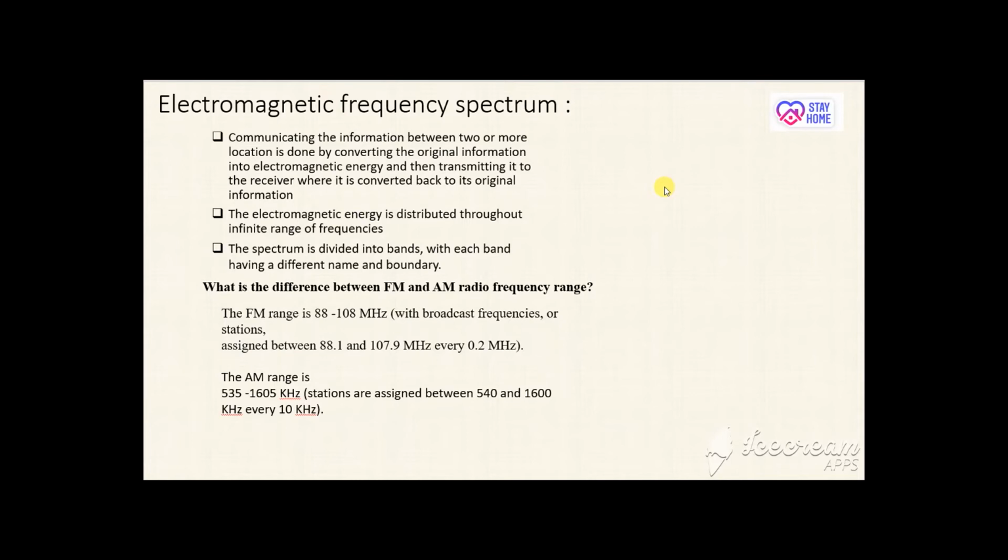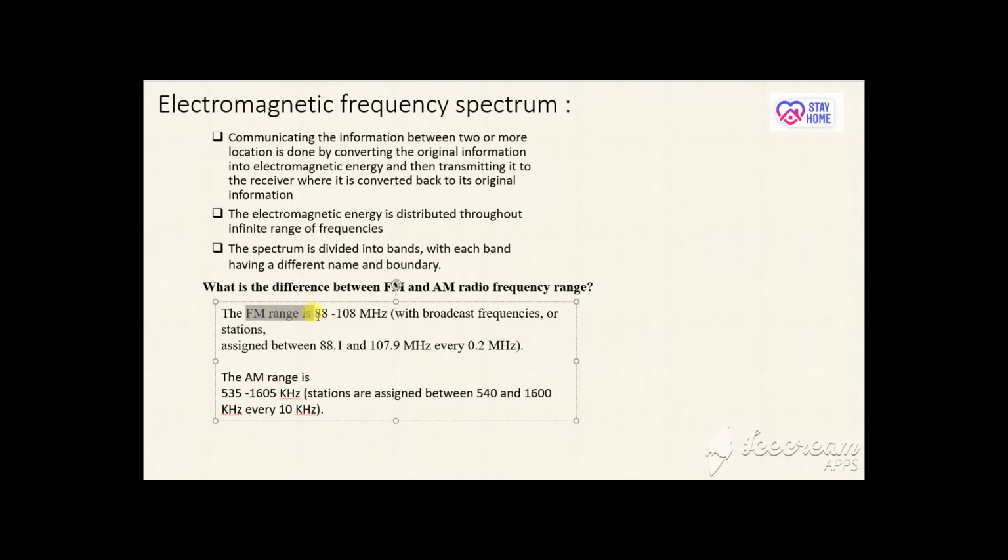And we have a real question: what are FM and AM? When you see FM and AM in the morning on the radio, what is the difference between them? In simple words, the difference is just in the range.